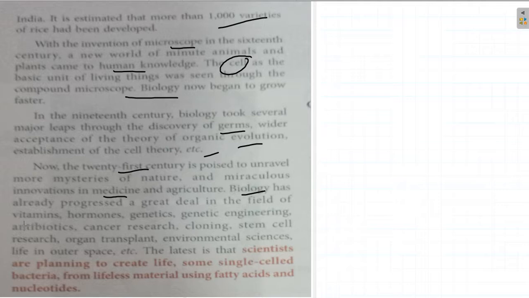In those days, vitamins, hormones, genetics, genetic engineering, antibiotics, cancer research, cloning, stem cell technique, organ transplant, environmental sciences, and life in outer space, etc., flourished in the 21st century.